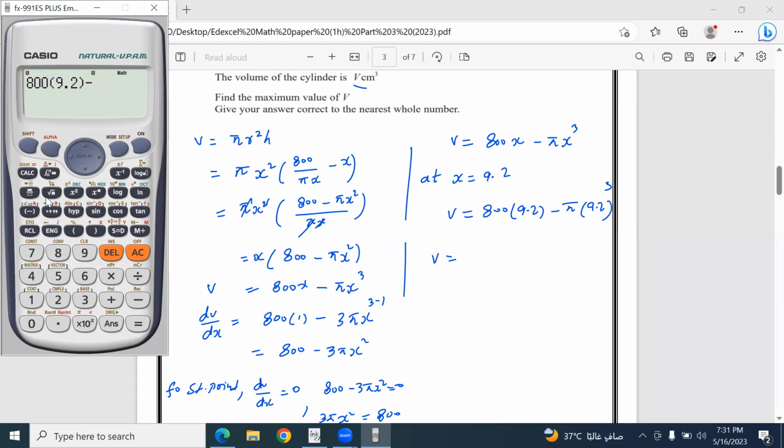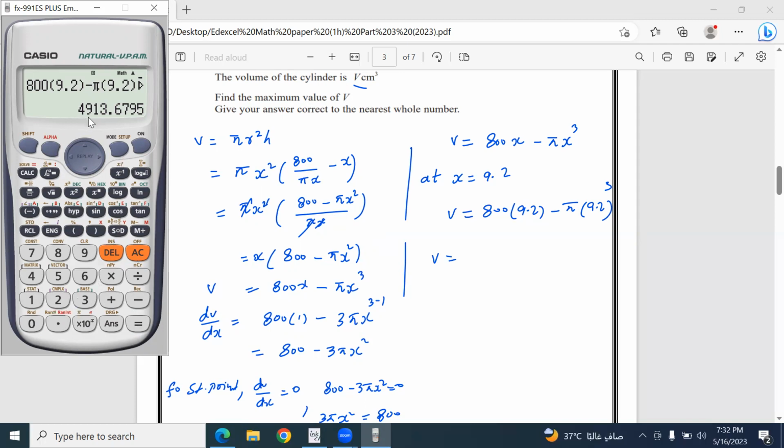shift, where is shift, and then pi, yes, bracket open, 9.2. Wait, it's power cube.